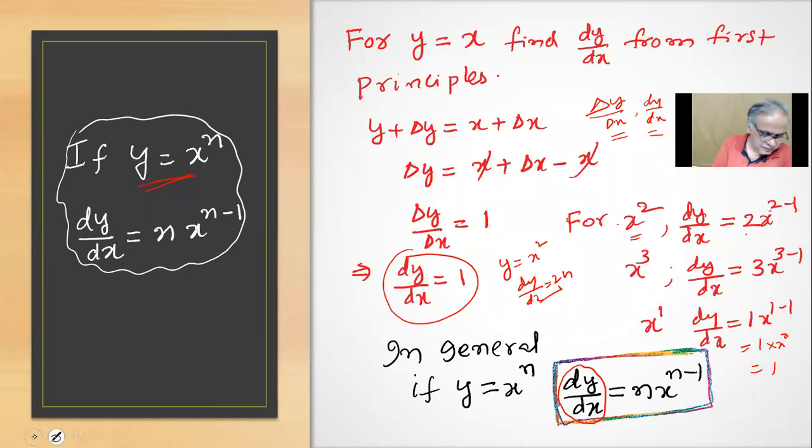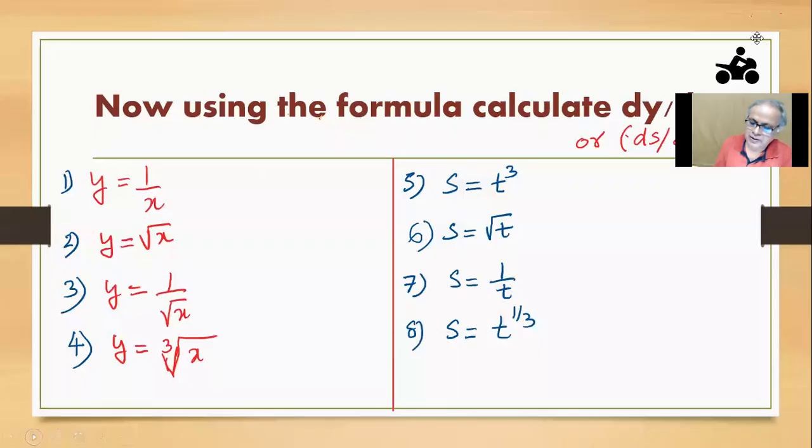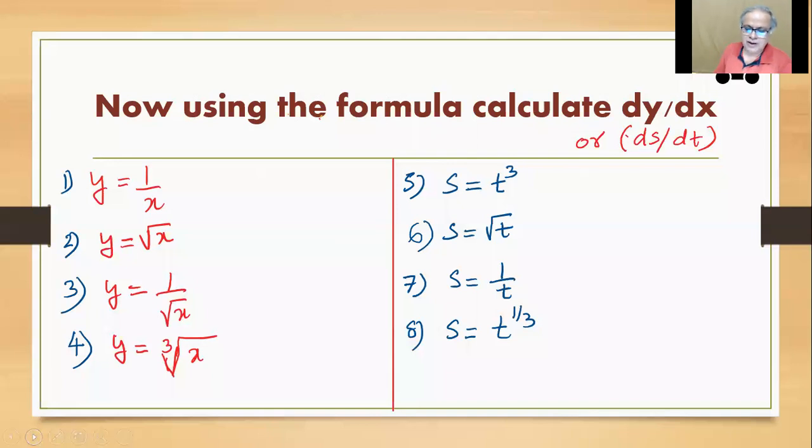Now, using the formula, calculate dy by dx or ds by dt. First of all, you need to recognize the variables, children. Here y is a function of x. Here also, y is a function of x. X is the independent variable and y is the dependent variable. In this case, s is the independent variable and t is the dependent variable.